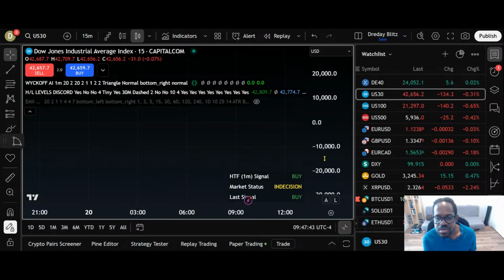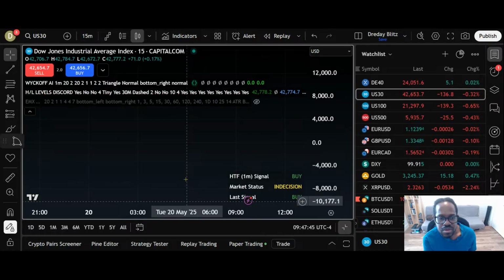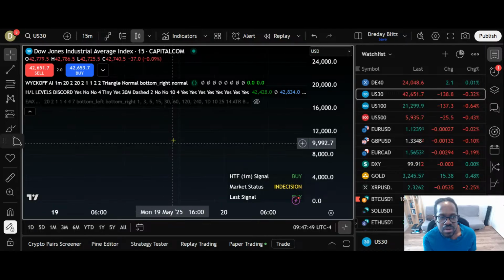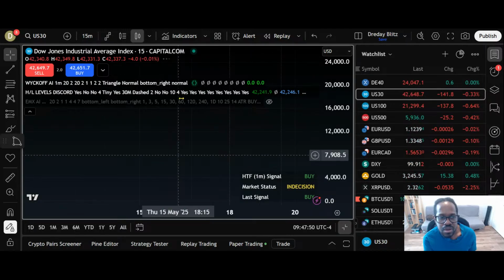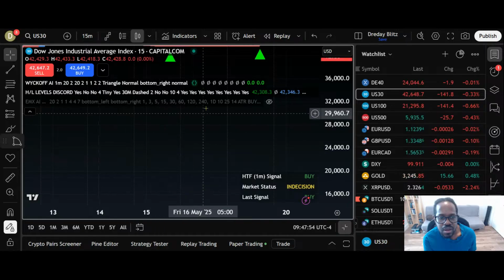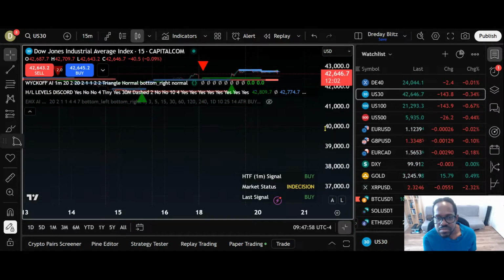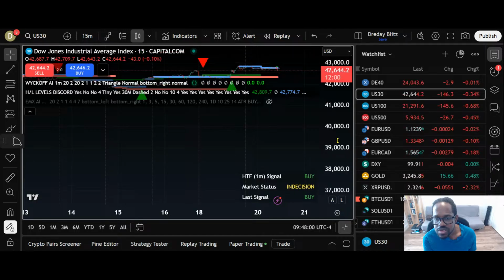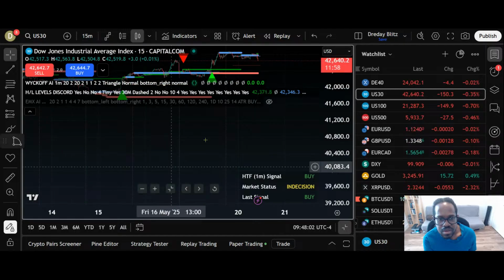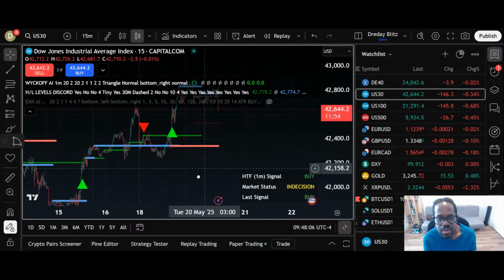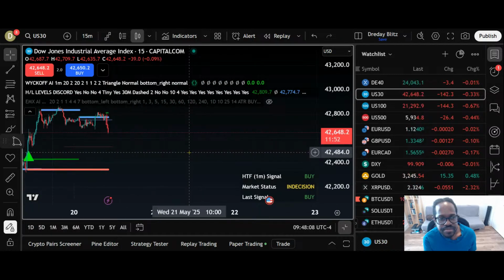US 30. So US 30 is still in indecision here, but pretty sure it's starting to go lower.